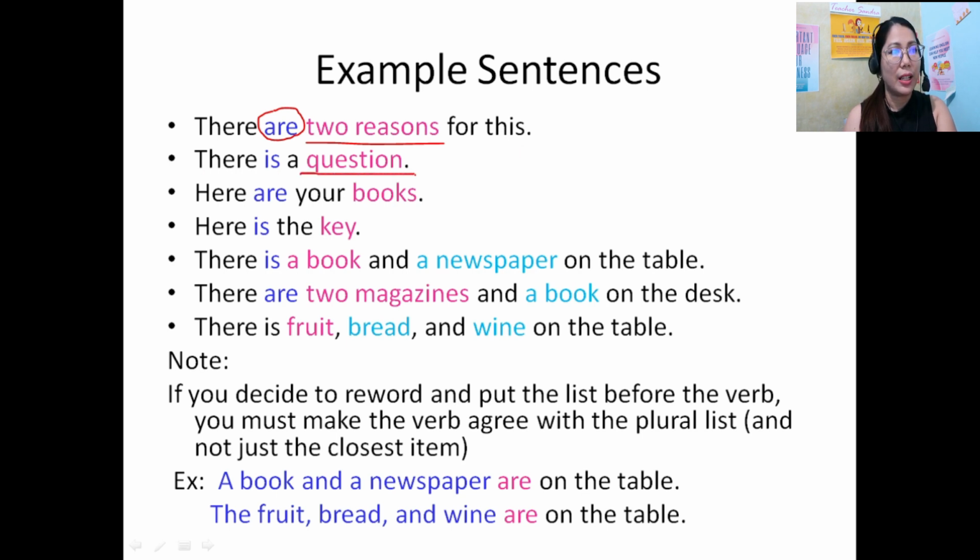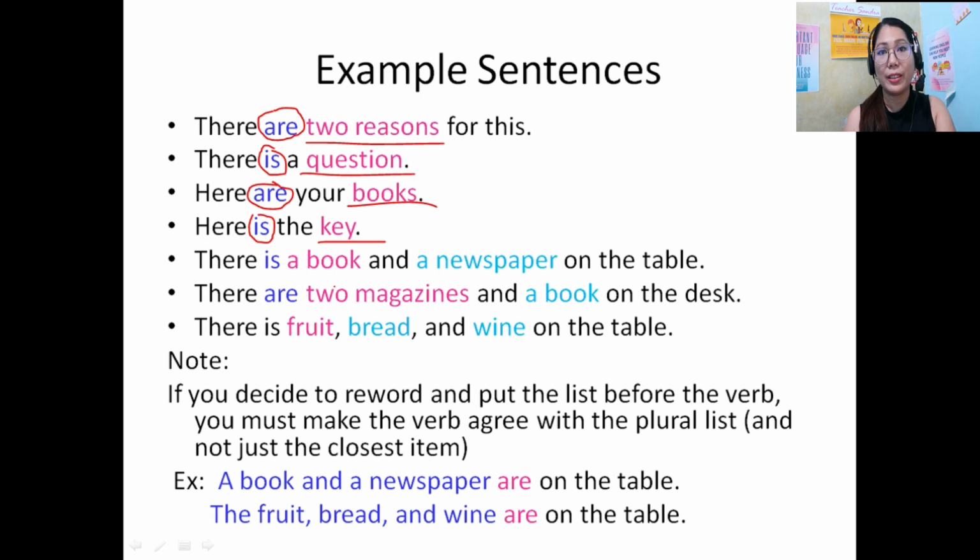We see the noun here, the subject is singular, hence we have to use is. Here are your books. Here, the word books is the subject, so we have to use are. Here is the key. Here we look for the subject, key, and it's singular, is.